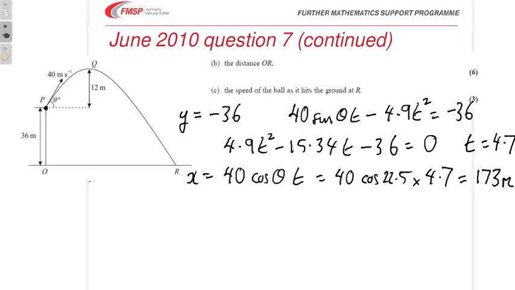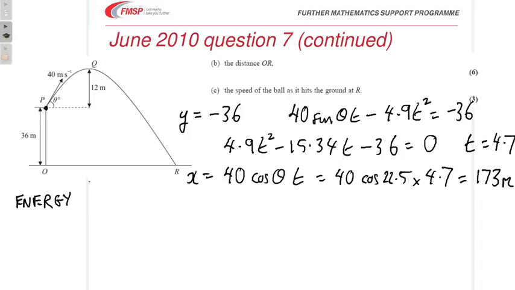But slightly quicker than that, since by that method we'd have to find the magnitude of v squared anyway, to find the speed of the ball as it hits R, let's use energy, conservation of energy. We're assuming there's no air resistance in this question, so we've got the loss of gravitational potential energy to consider, and we've got initial kinetic energy also to consider.